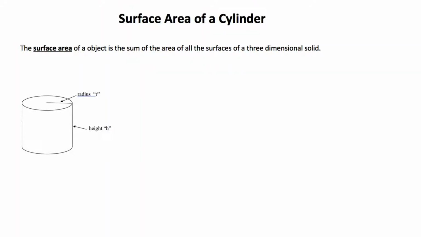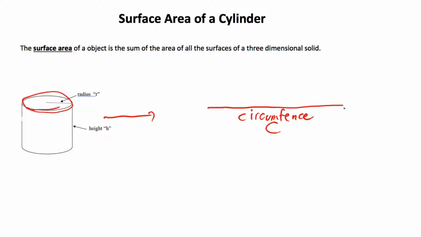So let's just draw out precisely our own net. When we unwrap the lateral surface, that red distance I've just drawn becomes the length of our rectangle, our circumference, and the width of the rectangle is our height.